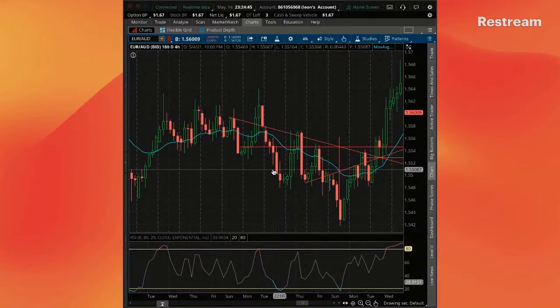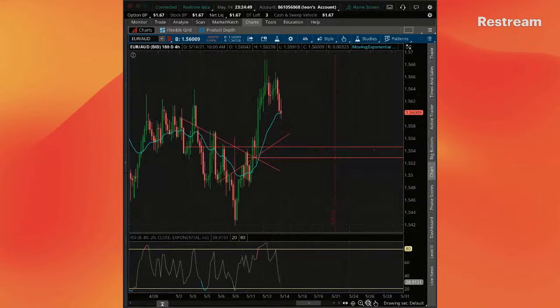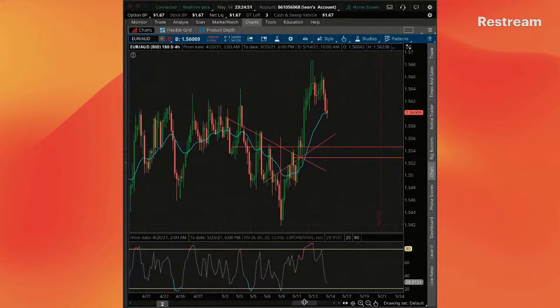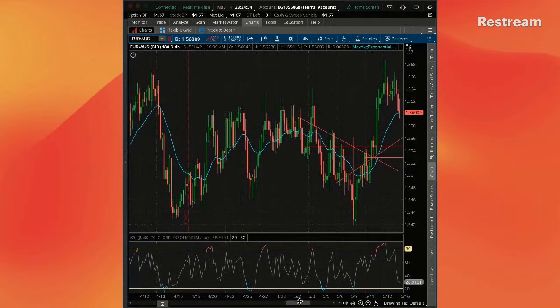Let's minimize this a little bit more. We are going to use this candle. Let's see what it's going to give us. And so from here to here, right, and we're going to bring it down here.